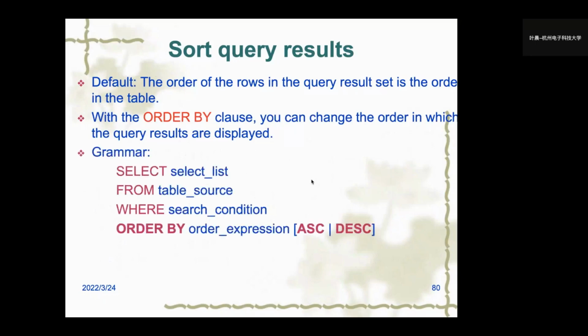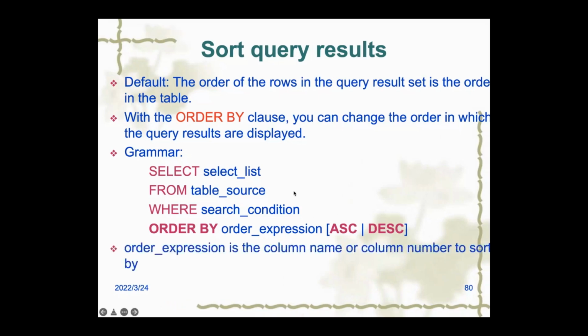So the syntax is select list from table source where search condition. This is the same as we have learned before. Here we will write ORDER BY, an order by expression, and here we write whether the order is ascending or descending.